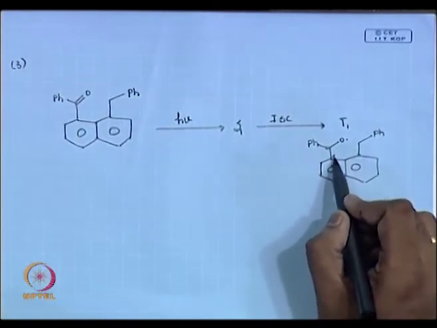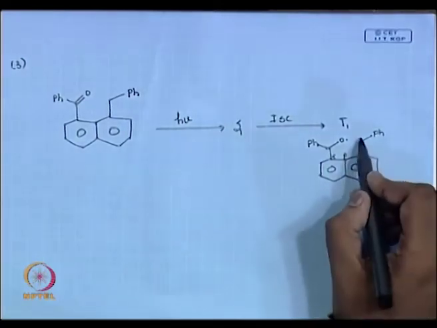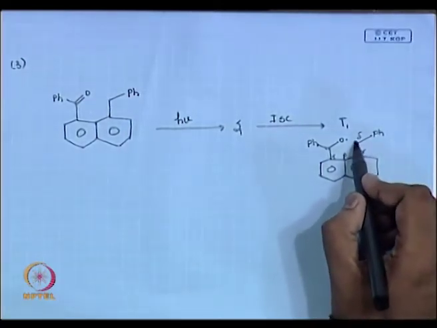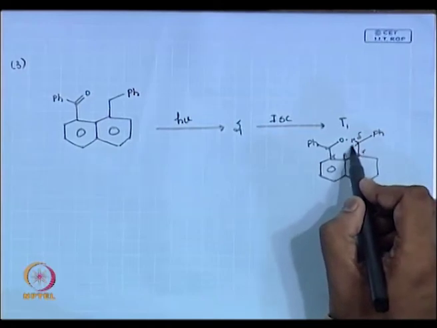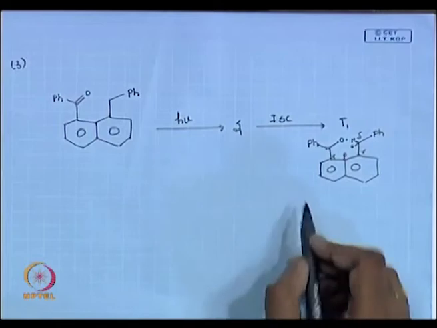So, I can write this as alpha, beta, gamma, then I can say it is delta. So, I have a hydrogen here, right. So, it can also abstract from your delta.